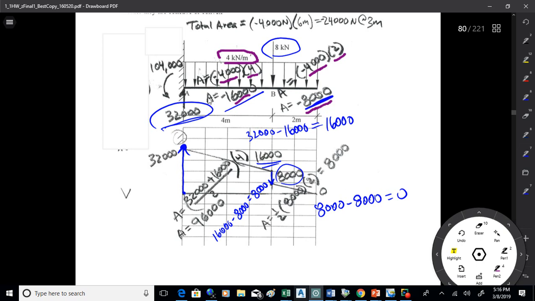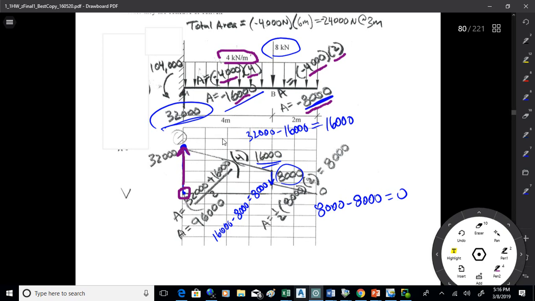Okay. So I start here at 0. I go up by the couple. Now the couple is, I'm sorry, not the couple, the reaction. We're on the shear diagram here, my bad on that. So by the reaction there, I go up immediately up to 32,000.